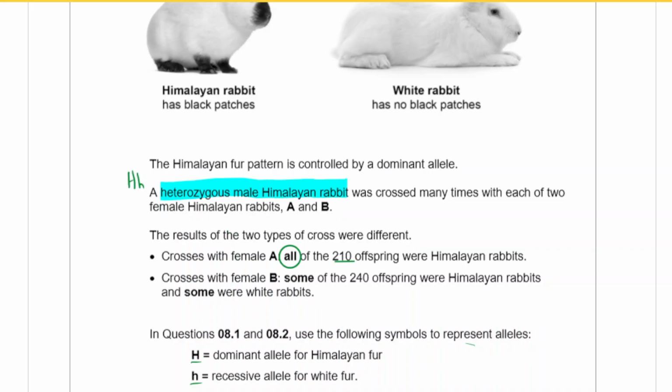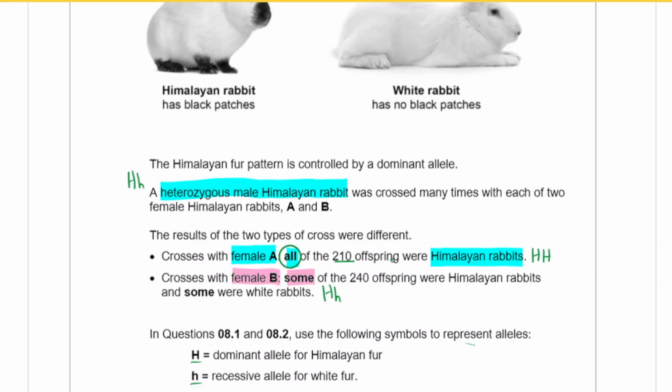Now this female A, because all the offspring were Himalayan rabbits, should be capital H and capital H. And this female B, since some of them were Himalayan rabbits and some were white rabbits, should have capital H and lowercase h.